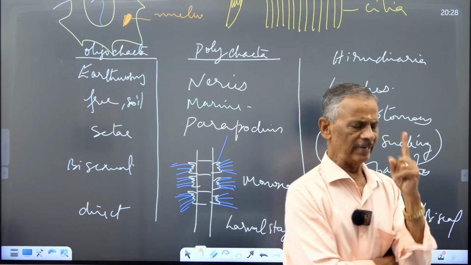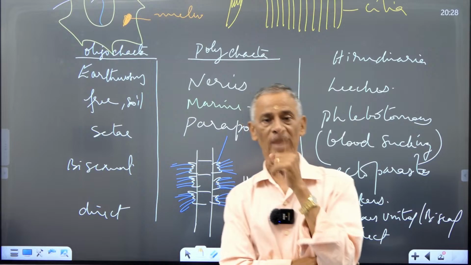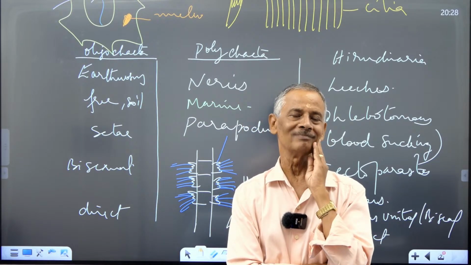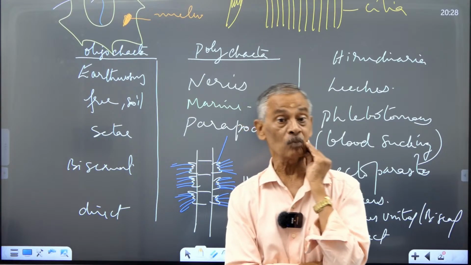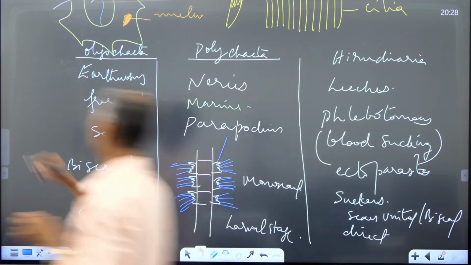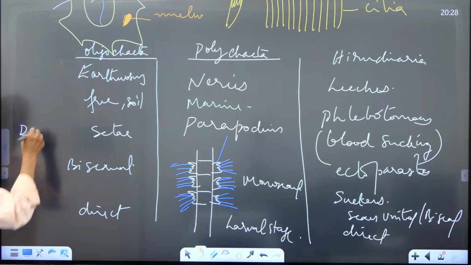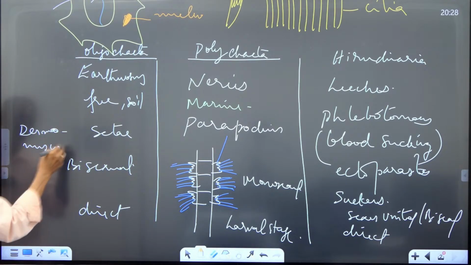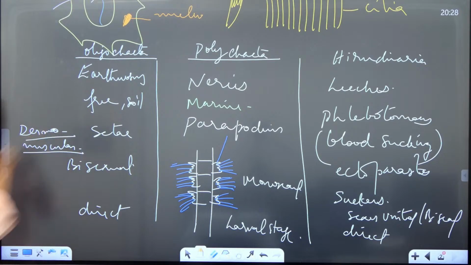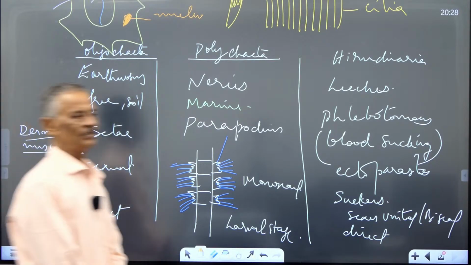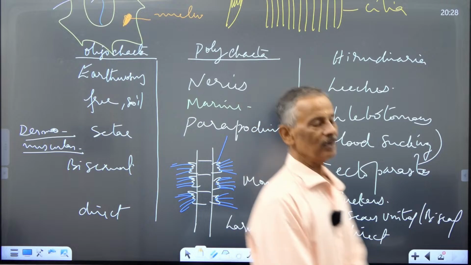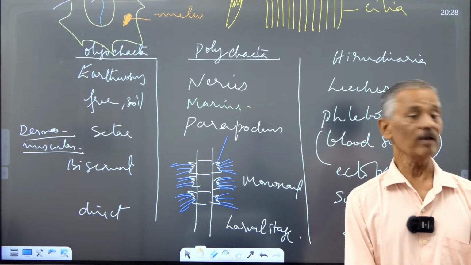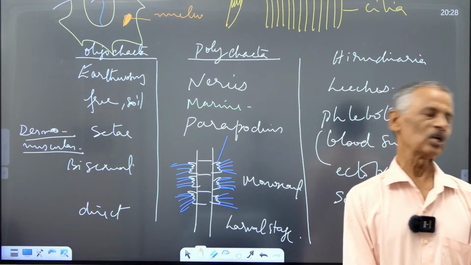Remember, annelids are the first to have a dermomuscular body wall. What is the meaning of the word? Dermomuscular body wall. In the body wall you have skin and also muscles. Muscles in the skin develop for the first time. I told you muscles are of two types: circular muscles and longitudinal muscles.